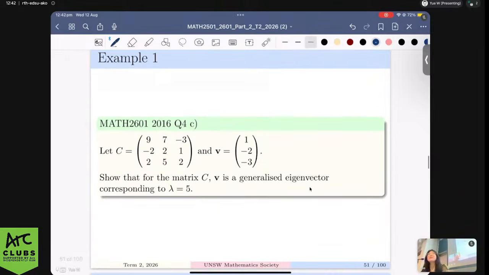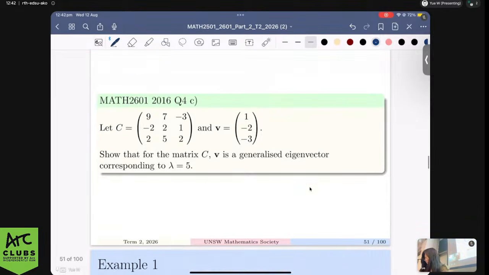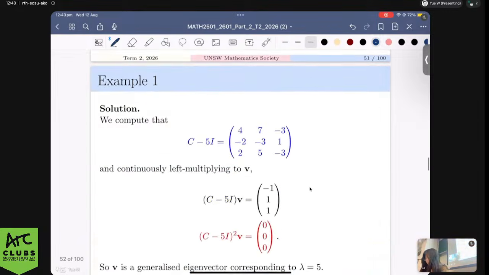So here's a quick example. We are given some 3 by 3 matrix C and some vector 1, minus 2, minus 3. And we want to show that for the matrix C, phi is a generalized eigenvector corresponding to lambda equal to 5. Just like what you typically do, you take your matrix minus 5 times your identity to get this matrix here.